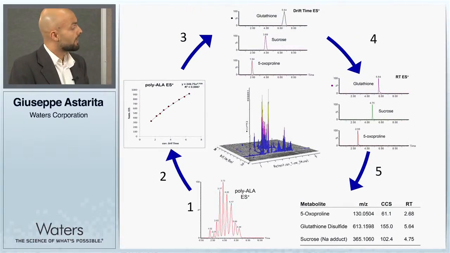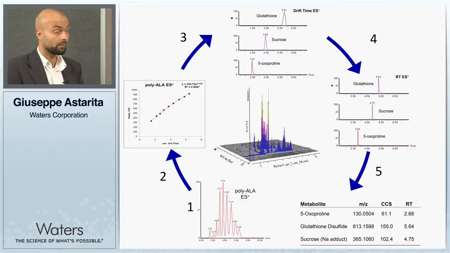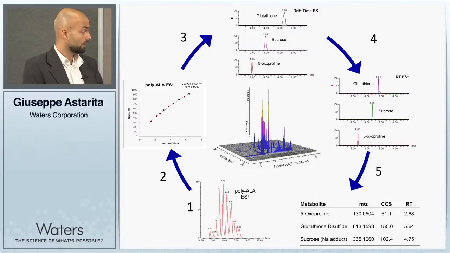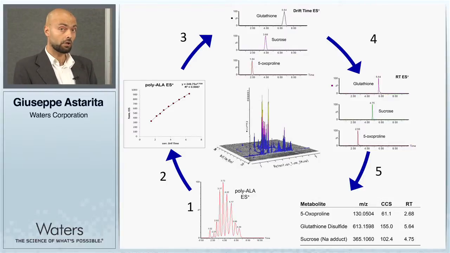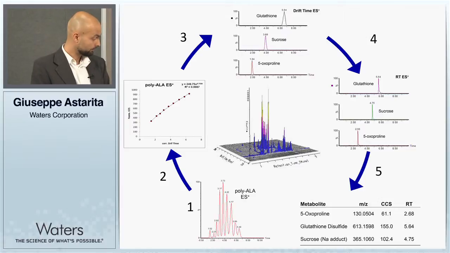The first step involved the calculation of collision cross-sections of metabolites. For this, we used a calibrator of polyalanine in both positive and negative ionization mode. The first panel in figure 1 shows the calculation of collision cross-section from drift times of polyalanine, which was infused in our Synapt instrument.